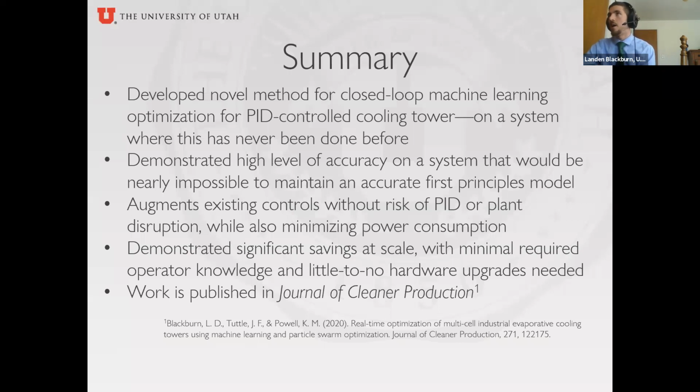The machine learning algorithm is pretty accurate, which is nice. We're happy to see a very high level of accuracy on predicting cooling tower performance, even when it didn't necessarily have all of the variables at its disposal. And this can be really helpful in an industrial or commercial setting, because let's say you don't have live values for the temperature outside, but you do have time and date values.